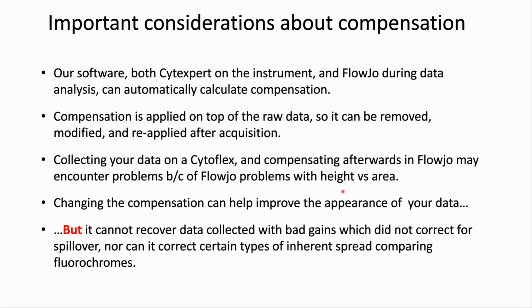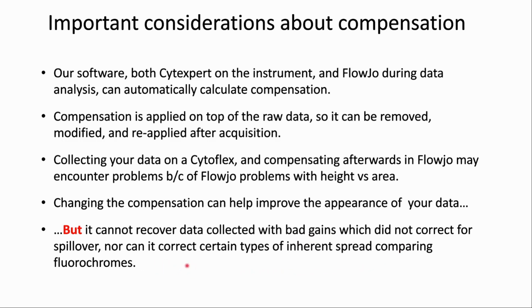This is because of challenges that FlowJo has in dealing with the height versus the area measurements that the Cytoflex exports. Changing the compensation can help improve the appearance of your data, but it cannot recover data which has been collected with gains which were not adjusted to correct for spillover.